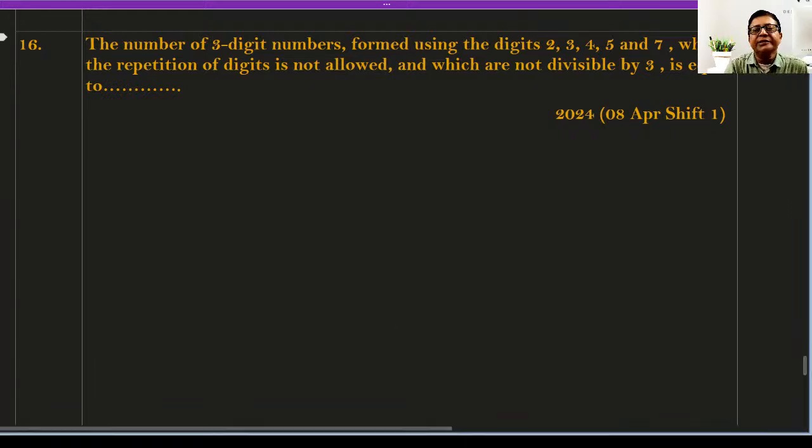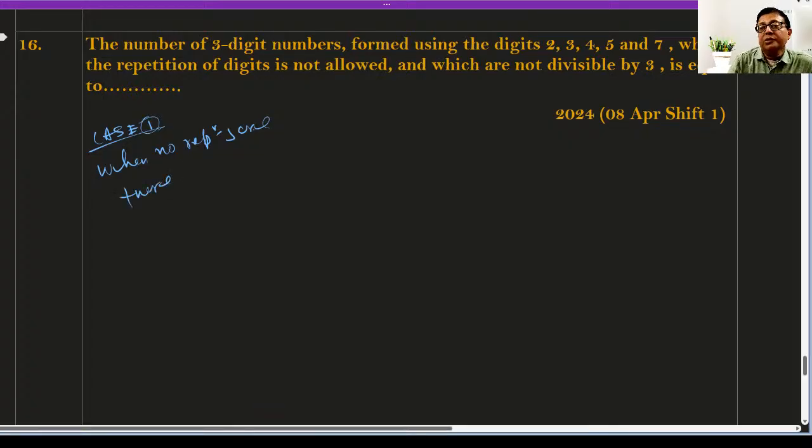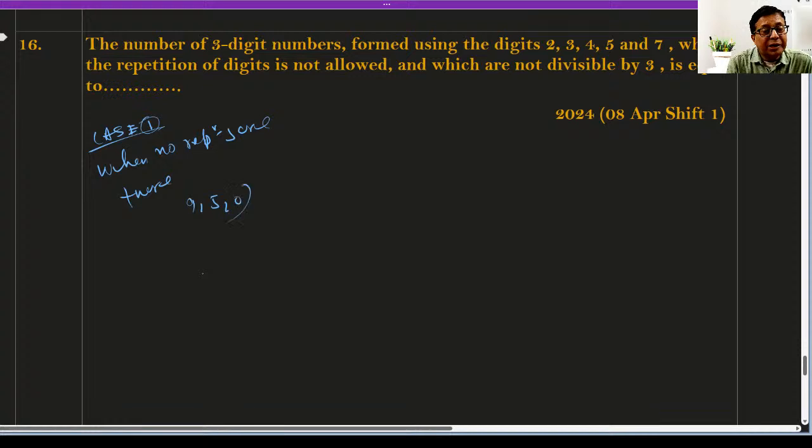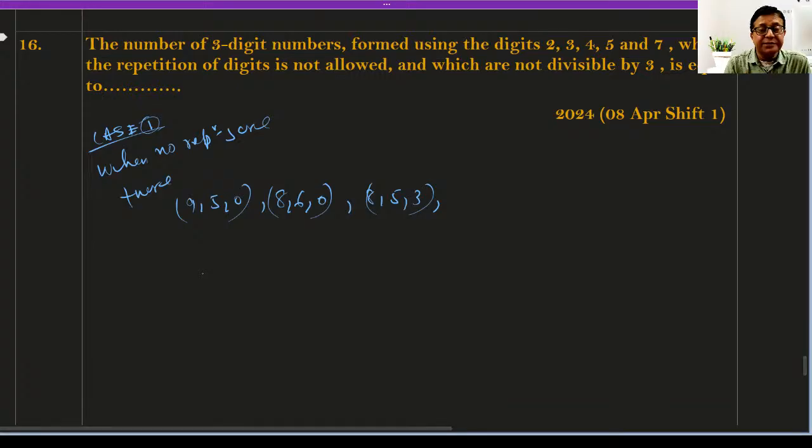So first consider this case, case 1, when no repetitions are there. Write all the cases. Go case by case. That is 950, 860. After that 853. Just write all the cases.